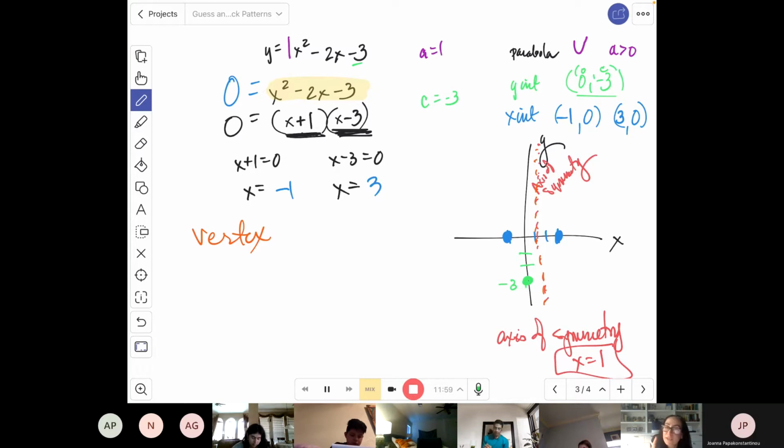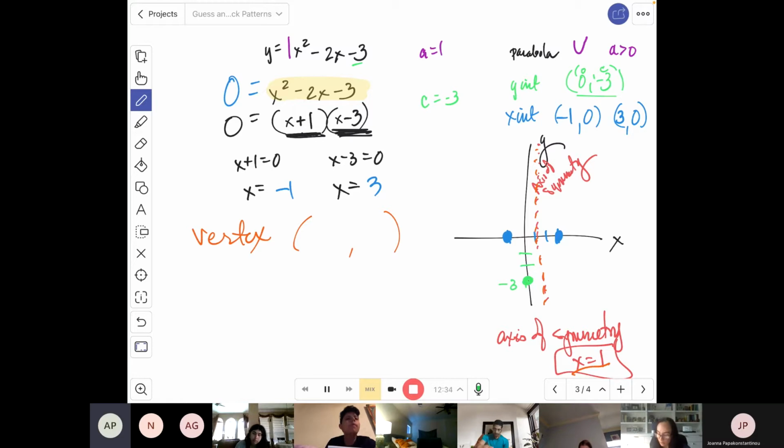So we know the x value of the vertex, don't we? Ariana, what is the x value of the vertex, based on the axis of symmetry? Can anybody help out Ariana? Say that again, Eric? 1.